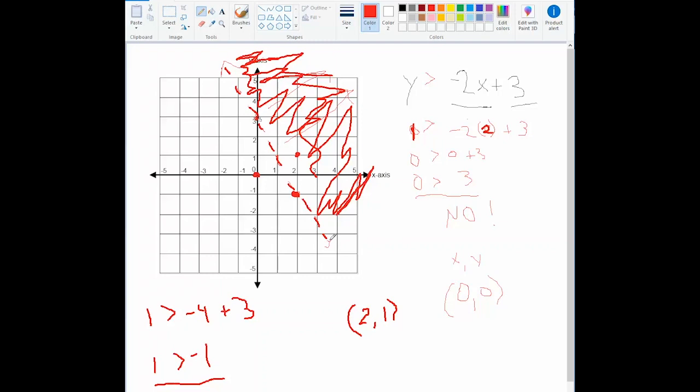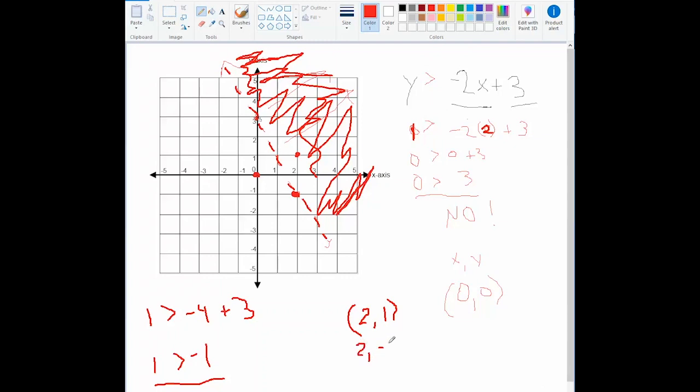However, if this had an or equal to with a little line underneath it, that means we'd use a solid line. Just like a linear equation, we'd use a solid line to connect the dots, and that symbolizes that it does work. And this point right here, let's just prove what I was saying, that it's not going to work because this was just greater than. So that point is 2, -1.